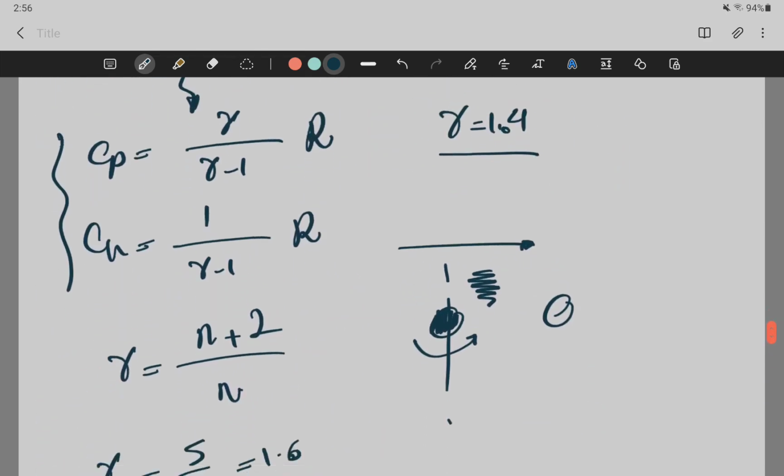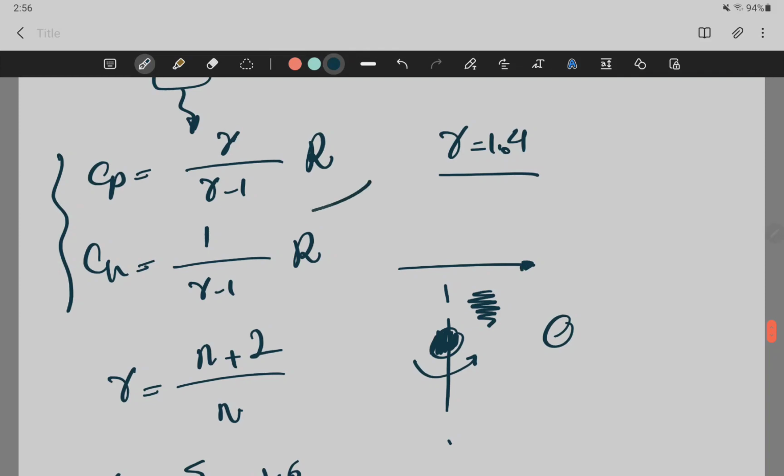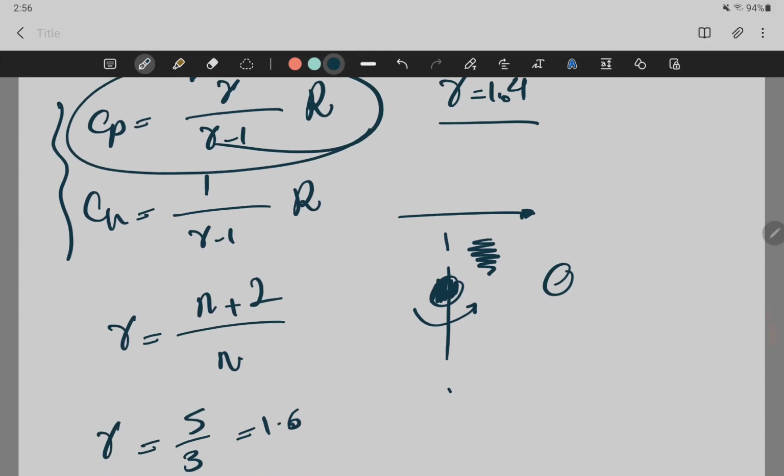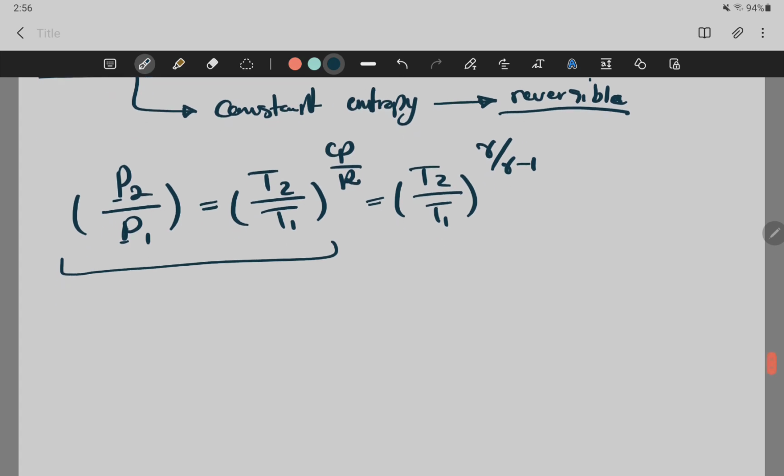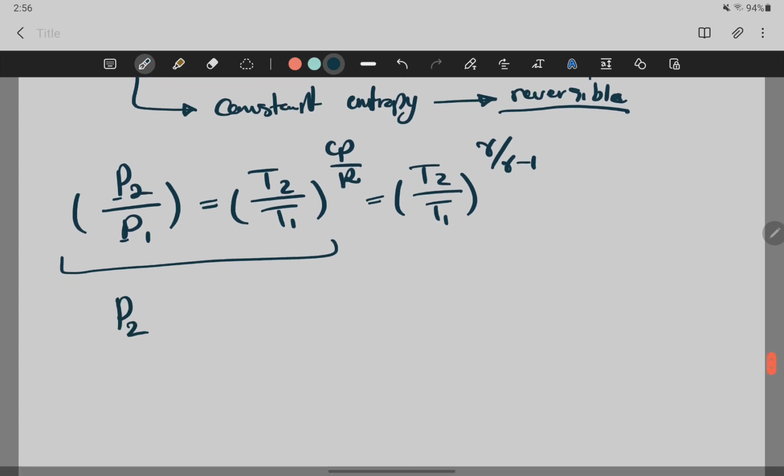And Cp divided by R is actually gamma divided by gamma minus 1, right?